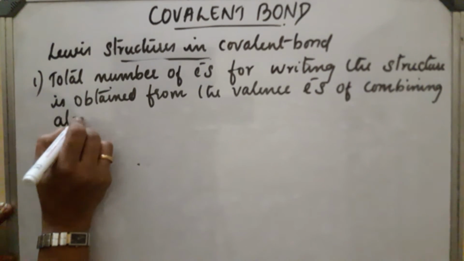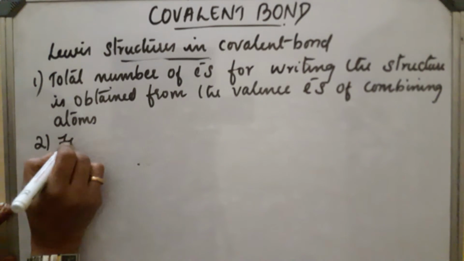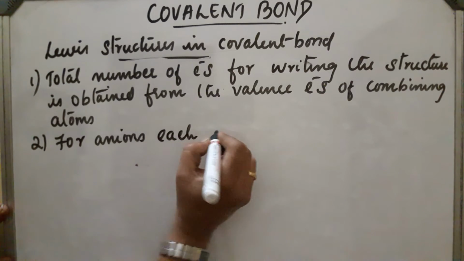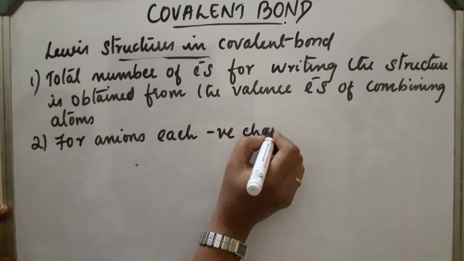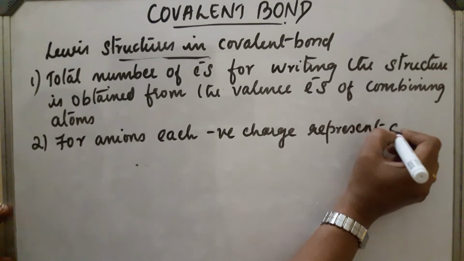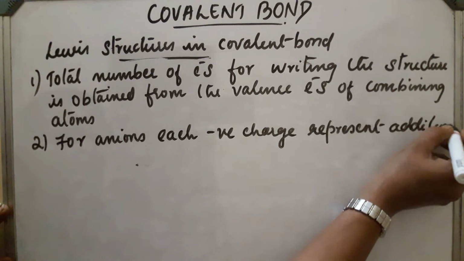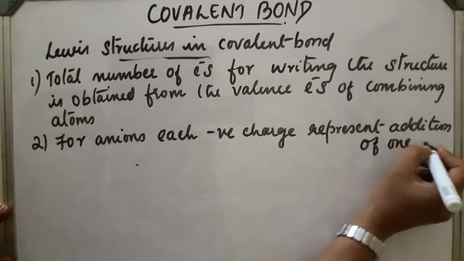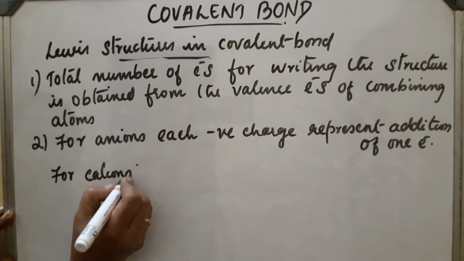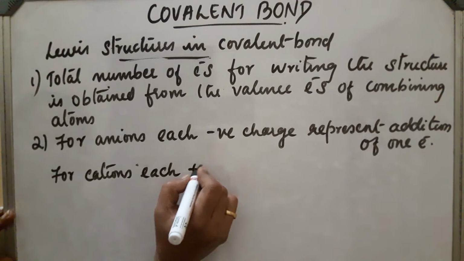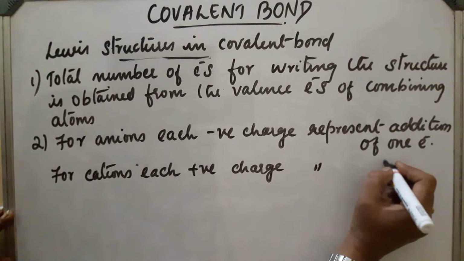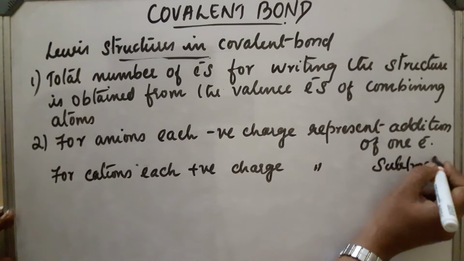Second point, for anions, each negative charge represents addition of one electron. For cations, each positive charge represents subtraction of one electron.